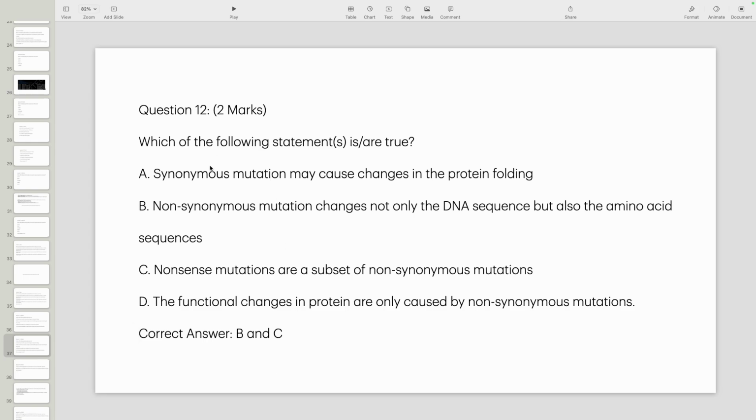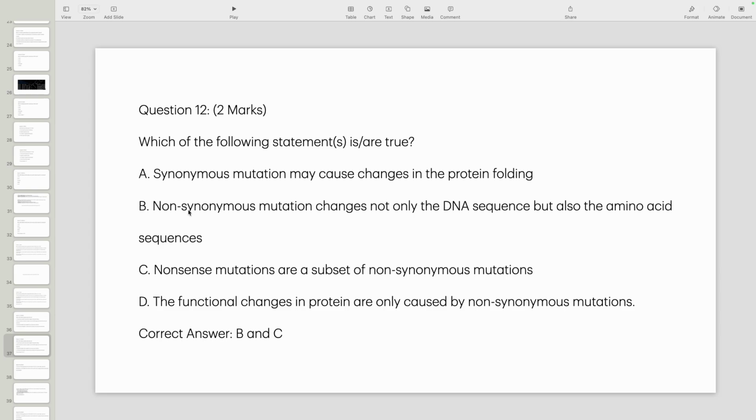For the option A, which states synonymous mutation may cause a change in the protein folding, commonly in the synonymous mutation there is no change in the amino acid. So in the majority of cases there is no change in the protein folding as well, because the amino acids are the same.